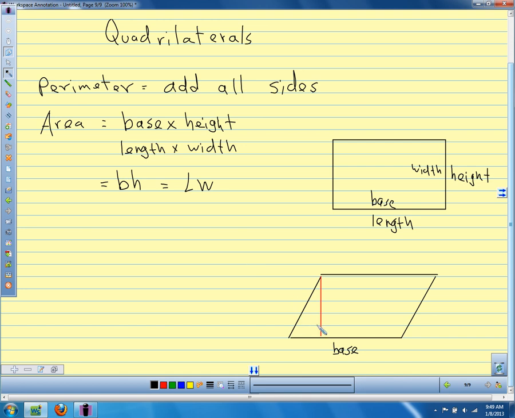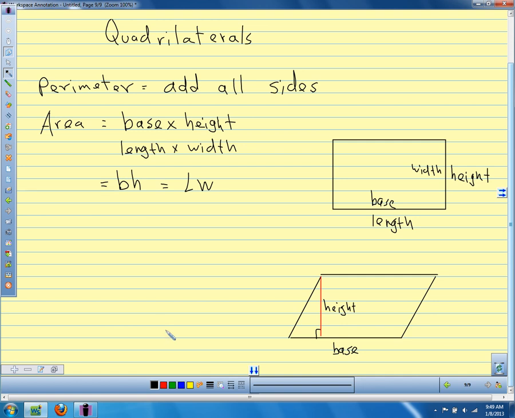So that's what that line drawn in there is. This is going to be the height of my parallelogram. So I use the same formula, base times height. You can think of length times width for a parallelogram, but we usually call it base times height.